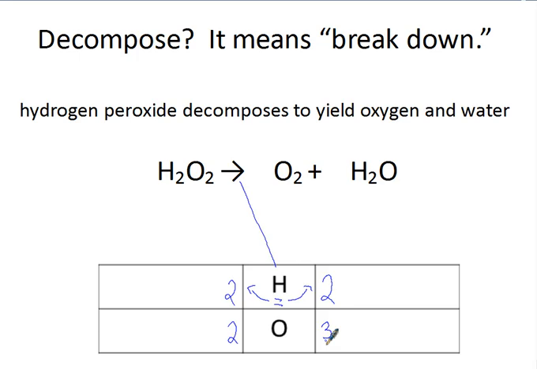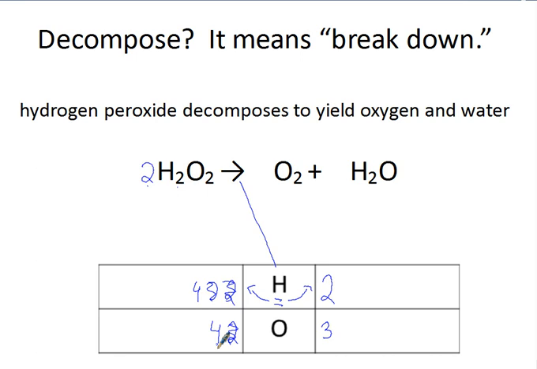Now what I can try and do, and sometimes starting off with guess and check until you start getting the flow is totally fine. So let's add a 2 on the outside here. That's going to go ahead and bump up my hydrogens to 4, 2 times 2, and my oxygens to 4.